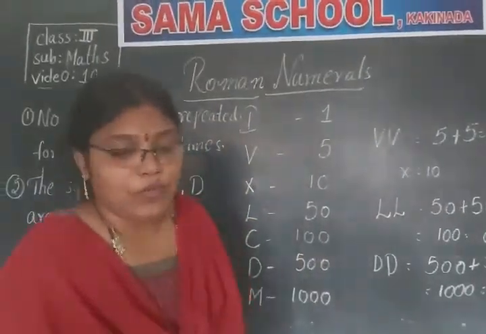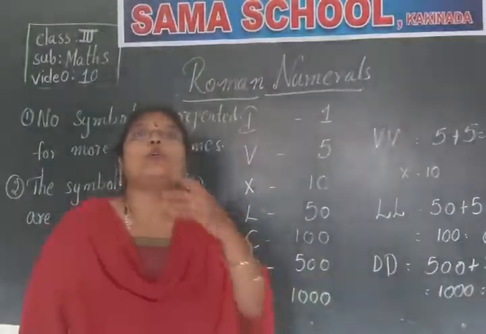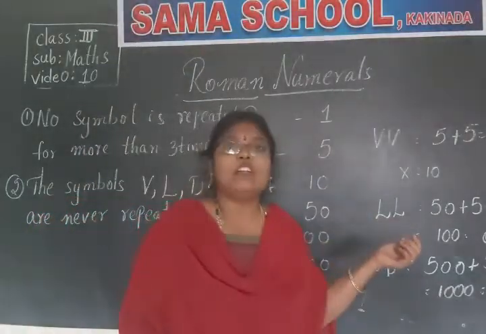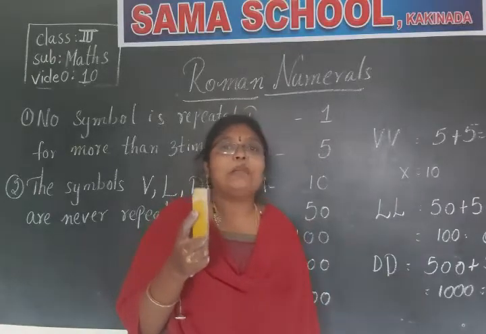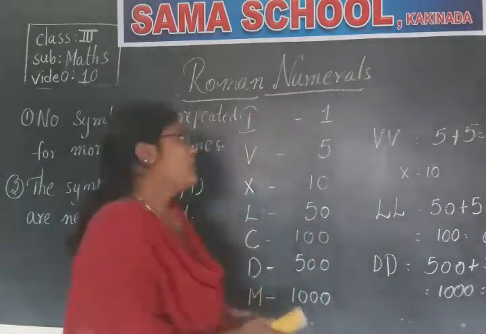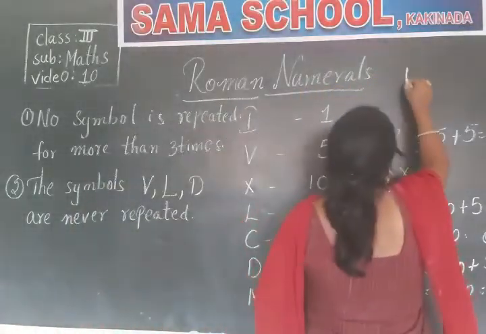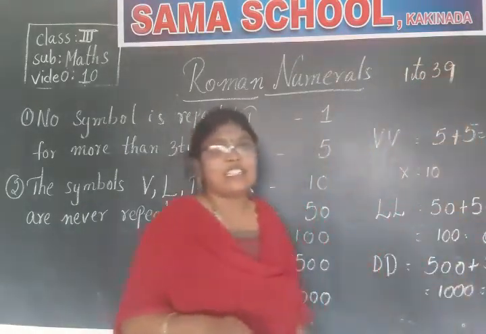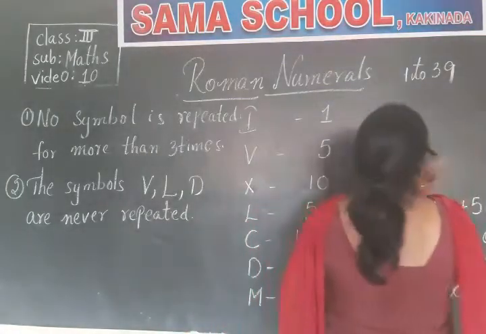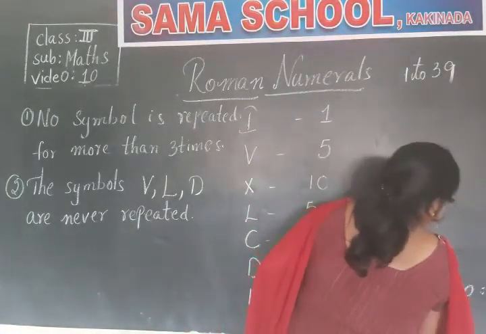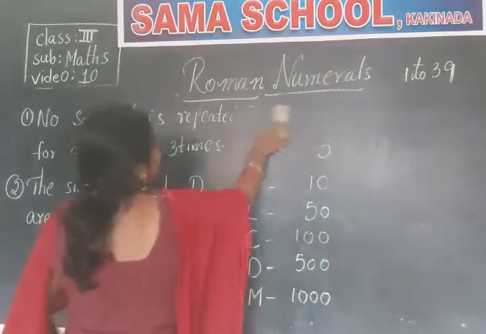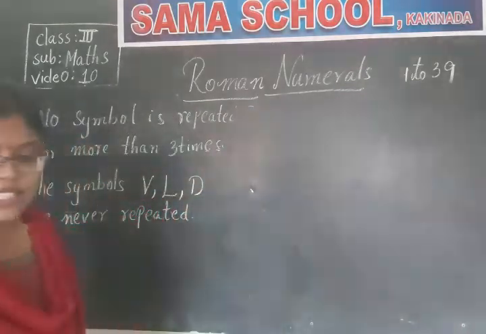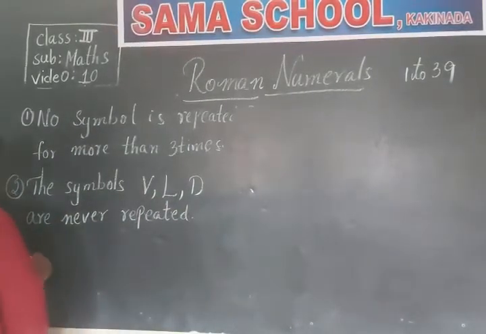Okay. Now, let us learn how to write numbers. In this class, you will learn to write numbers from 1 to 39. Come on children, let us learn how to write the numbers. We can write using these 7 symbols here, children.